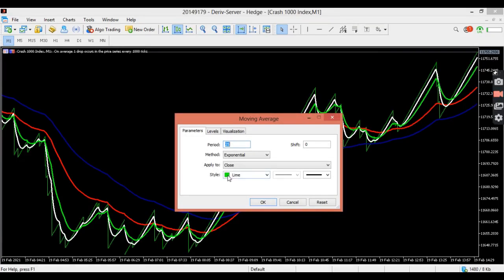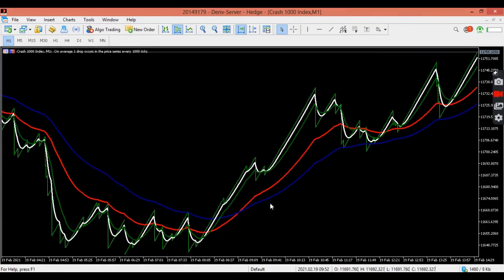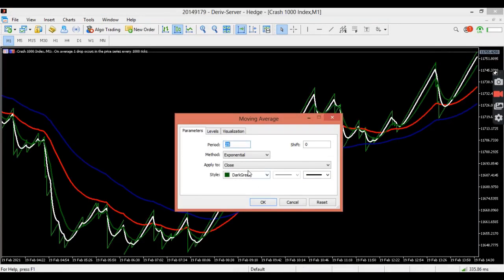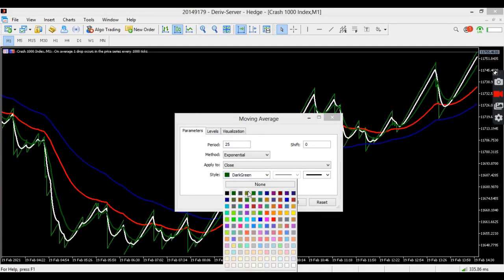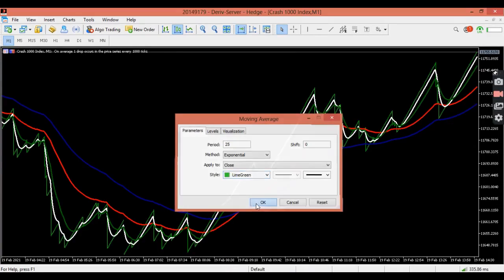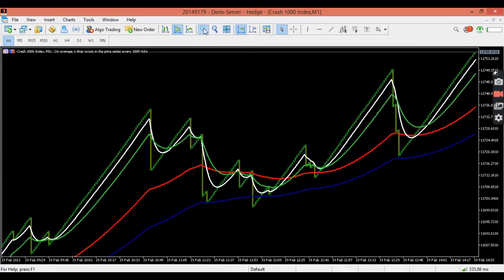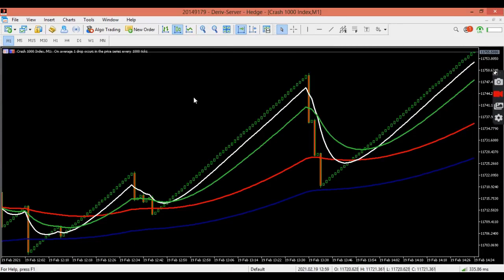Let me make it dark green. Let me make it white. Make it white, green and light green. Sorry. Let me see, maybe change it so you can see here.